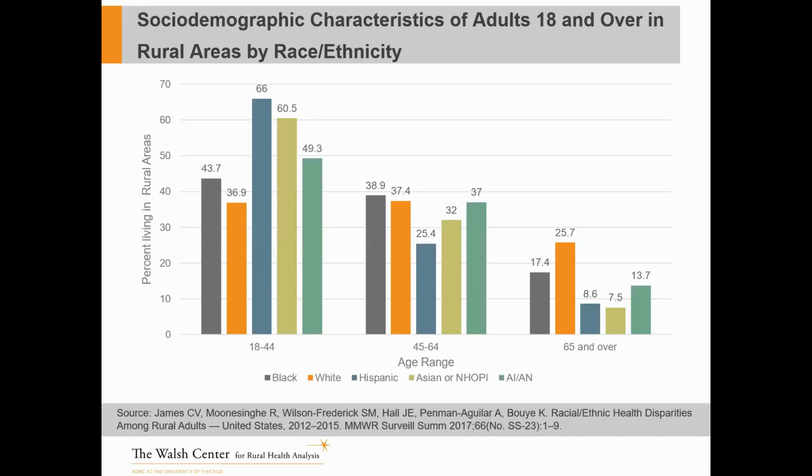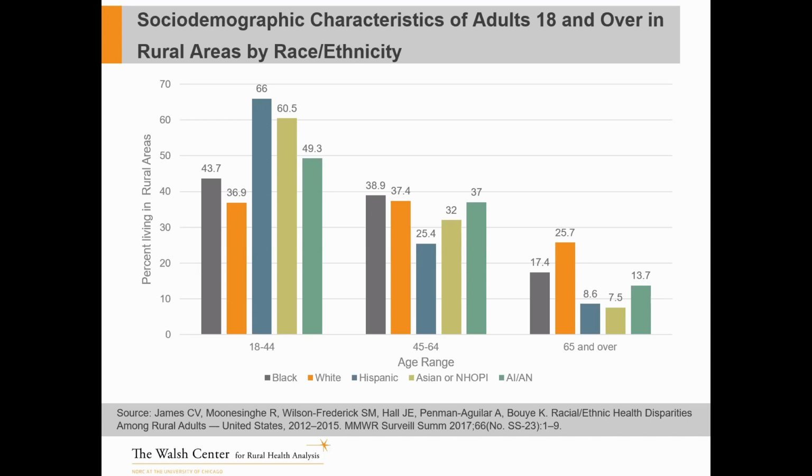This slide provides some background information on how our adults and our different populations across racial and ethnic minorities are arrayed. As you can see, especially at 65 and older, the highest proportion of adults by race or ethnicity are white older adults.